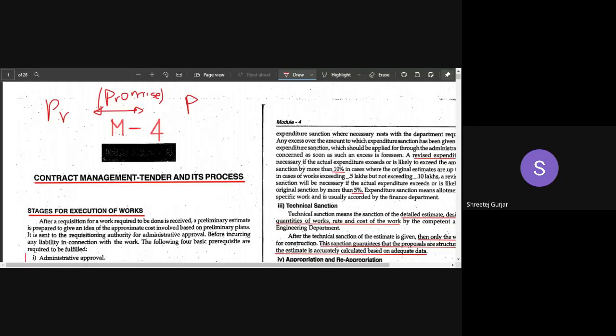Now, the important thing here is when this promise becomes an agreement. Suppose friend number one gives an offer that if you do a certain kind of work, I will give you an award for doing that work for me.